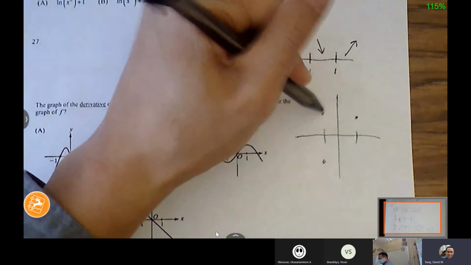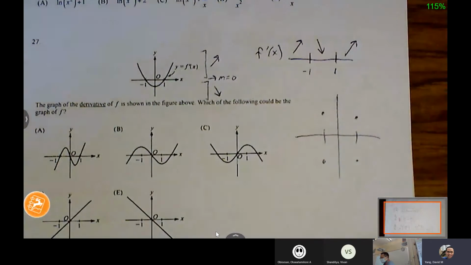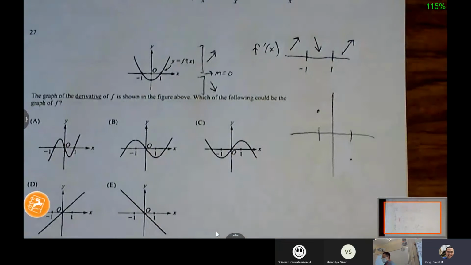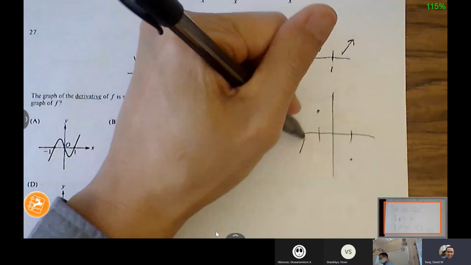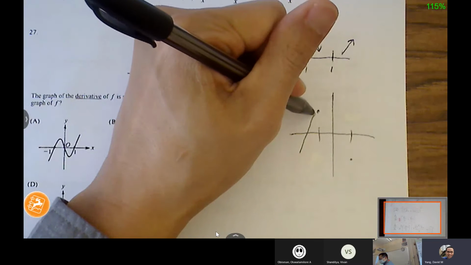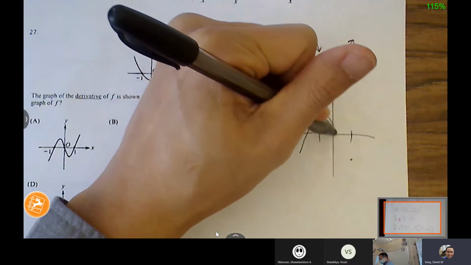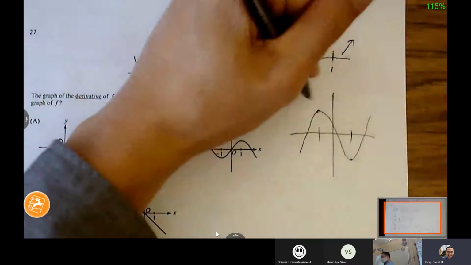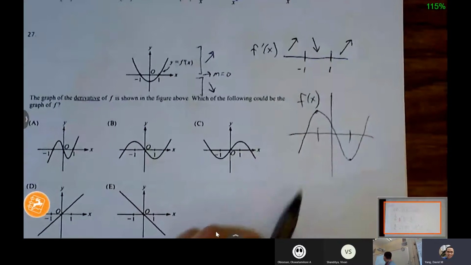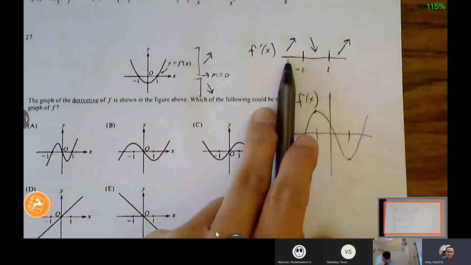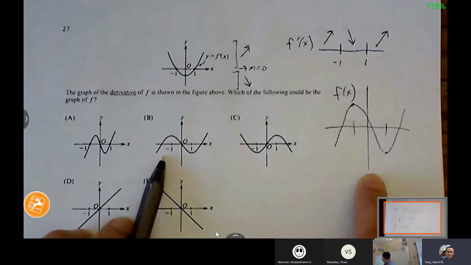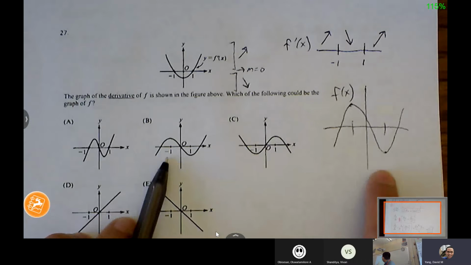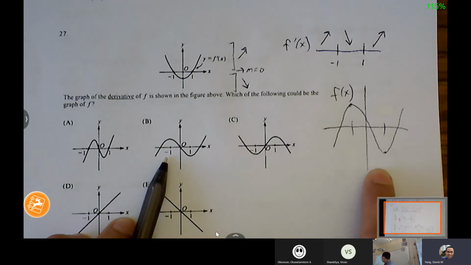So we want to rise to some y value, fall to some y value, and rise again. I'm just making my graph follow the path of the arrows, matching my answer choice. Looks like my best fit is B, right?